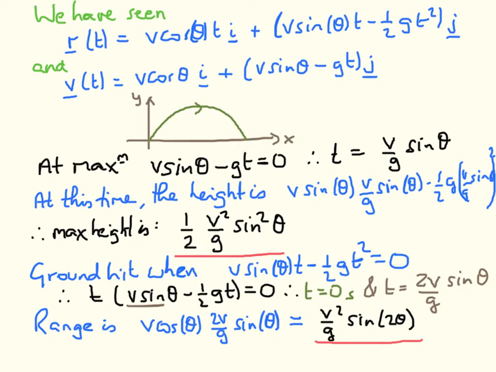So these are our answers, and on the next slide I just want to describe why we have this factor of v squared over g in both cases, and also to discuss if we can understand anything more about why we might have these factors. So with that we'll go on to the next slide.